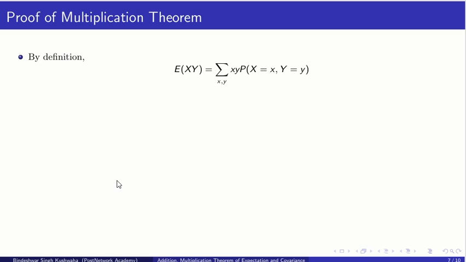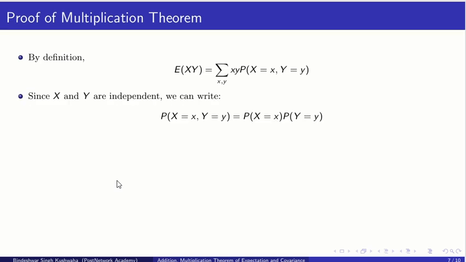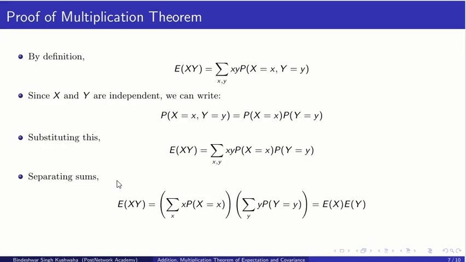So the same here, you can write separately, and it is very easy to prove that. Just write it separately. And here that is the expected value of x, that is the expected value of y. So the expected value of xy is equal to the expected value of x into the expected value of y.